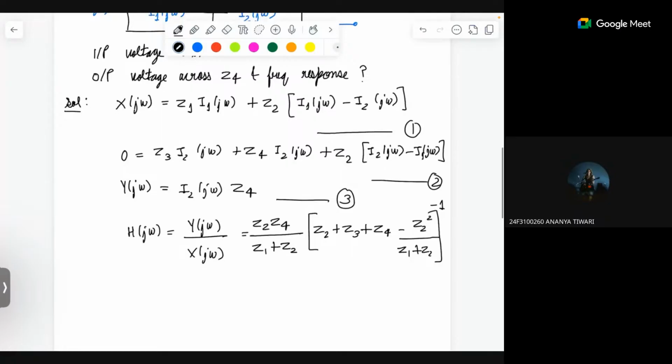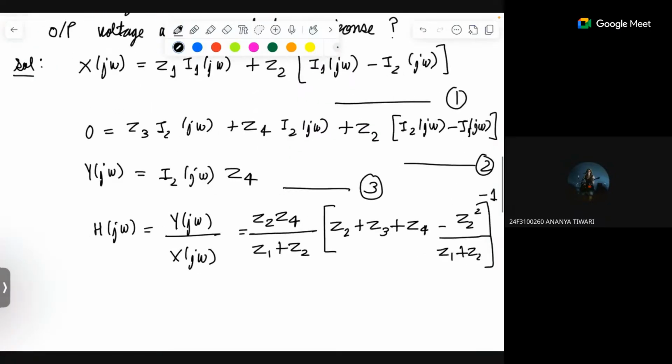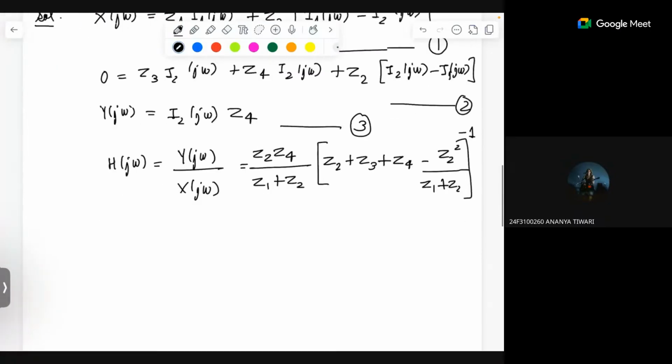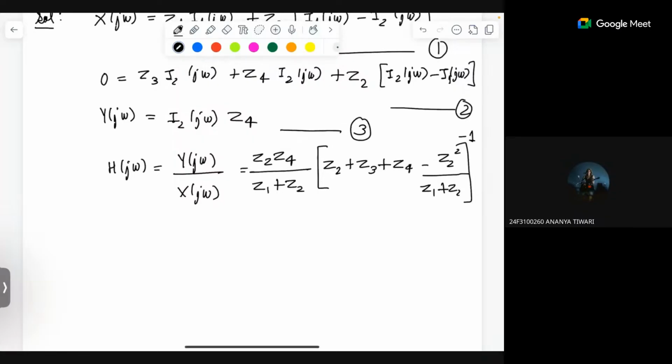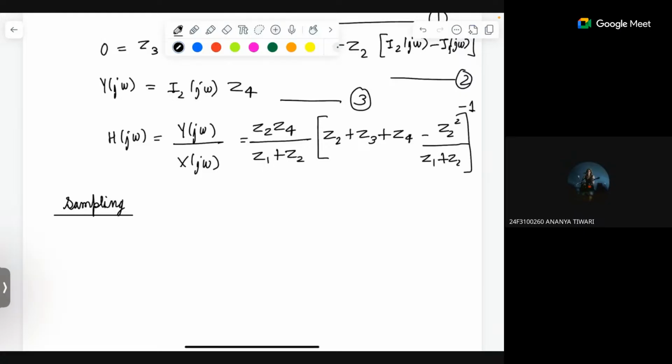Now the next thing that we have to discuss is sampling. There was a problem based on sampling. So let's quickly see sampling very briefly. So what we have is a signal x of t.